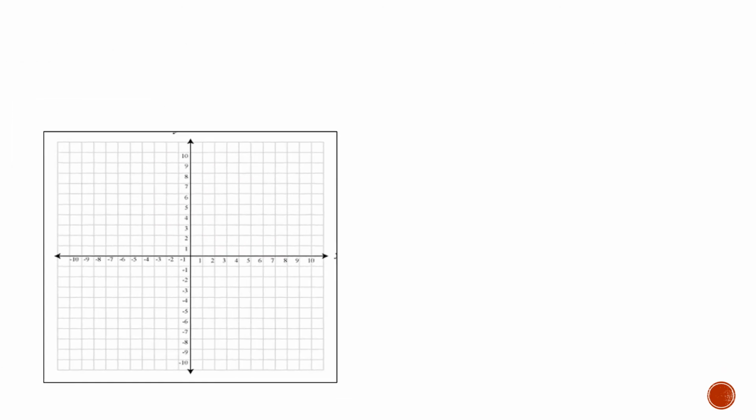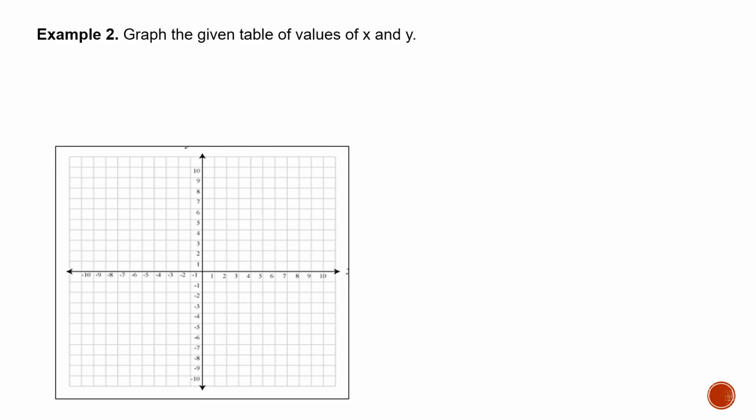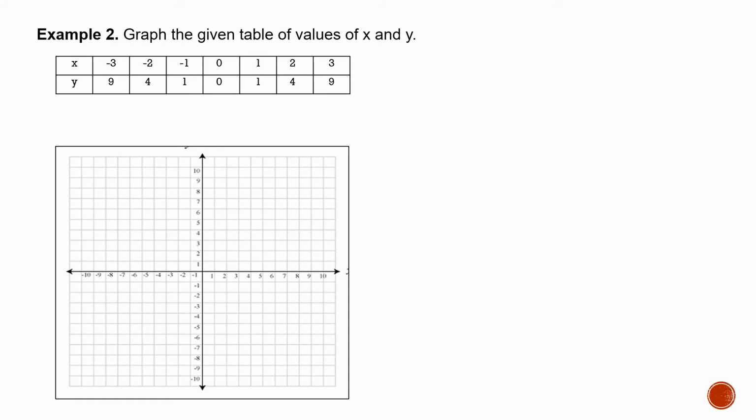Let's have another example. Graph the given table of values of x and y. So we will plot the points in the Cartesian plane. First, we have negative 3, positive 9. Next, we have negative 2, positive 4.